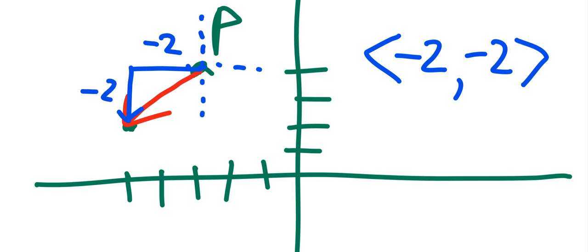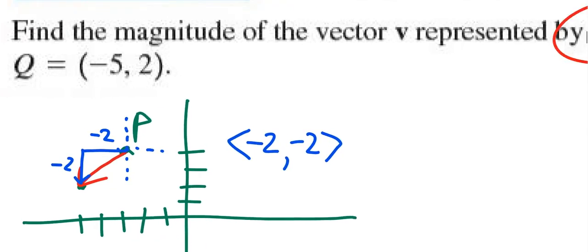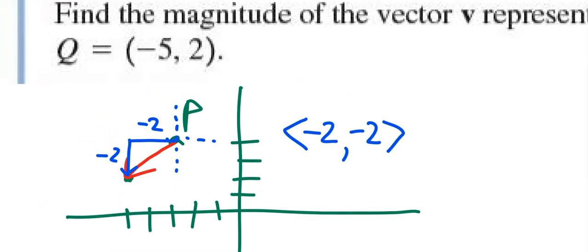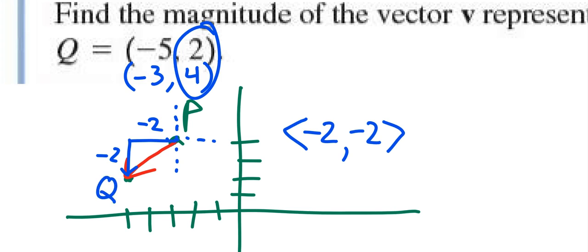That's fine. Unless I counted wrong. Okay. Correct. So imagine point P right there is like the origin. And if you have to get yourself down to Q, you would have to go left 2 and then down 2.